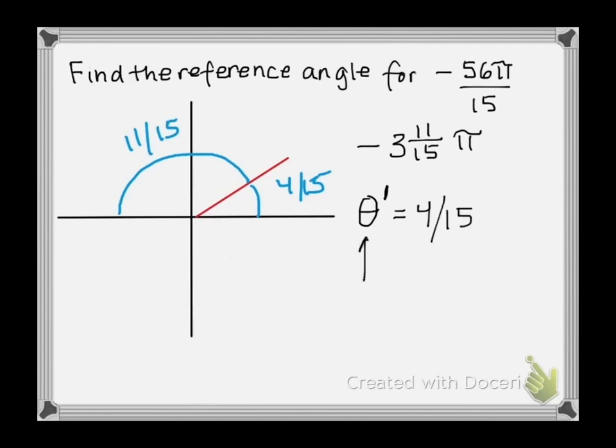The way that we read this, not just for reference angles, but anywhere in mathematics, when we have what looks like an apostrophe, the word for that is prime. So the way that I'd fully read this is theta prime. And that's a pretty standard way of referring to a reference angle as theta prime.